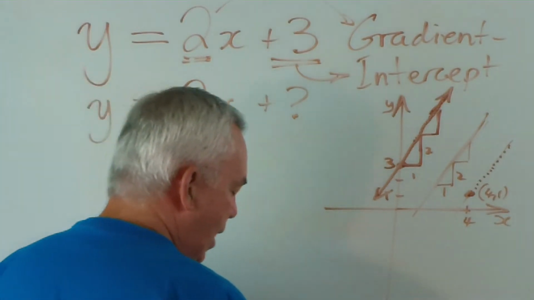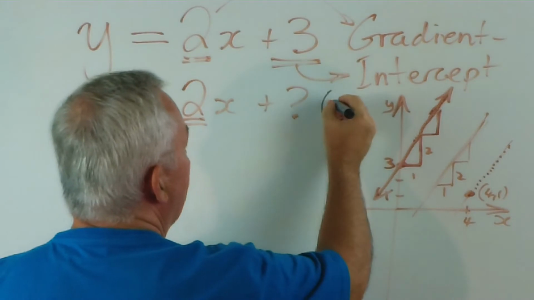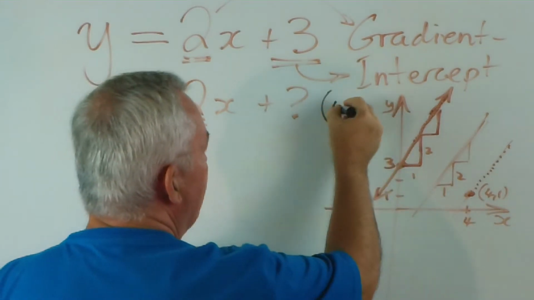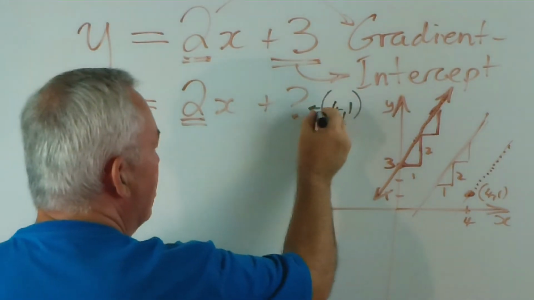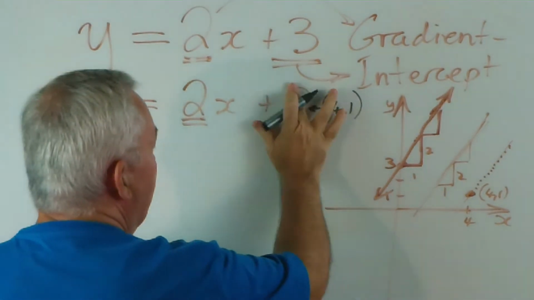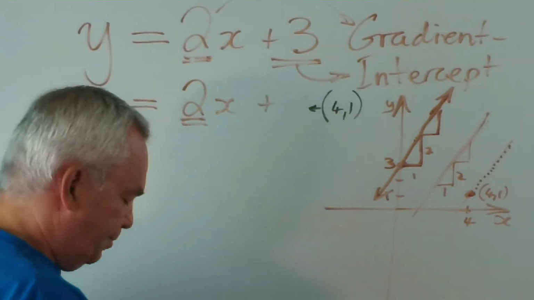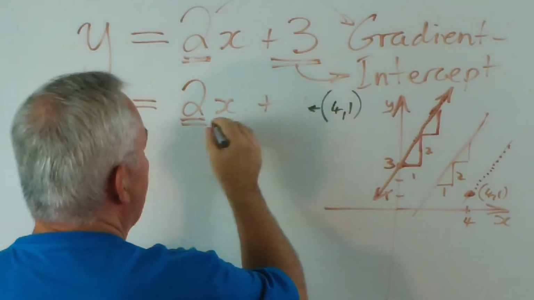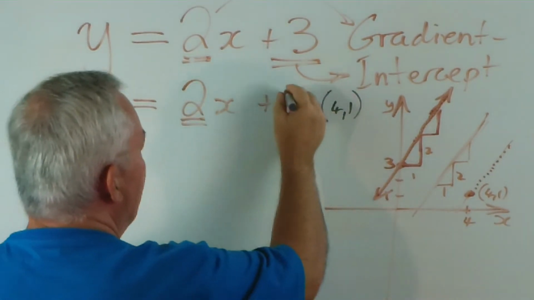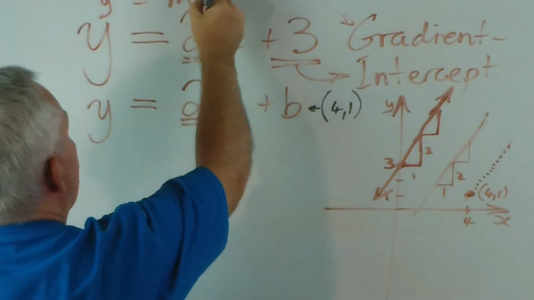And the way I do that, and we'll change colours, is I would substitute the value 4 and 1, or the coordinates 4 and 1, into this equation. Now, let's do this algebraically. We don't use question marks typically. Here in Australia we tend to use y equals mx plus b, because this is the basic form.